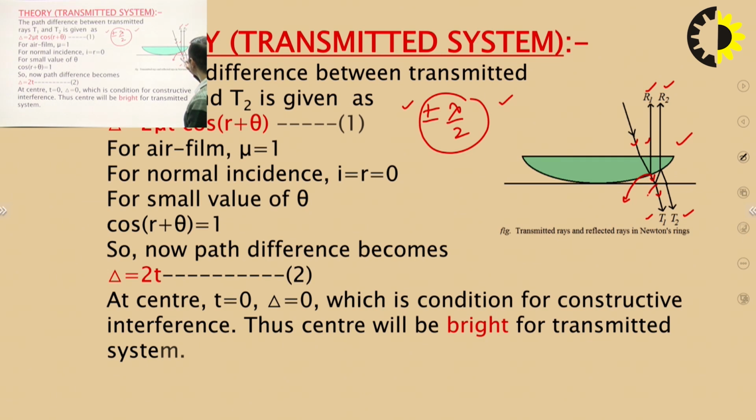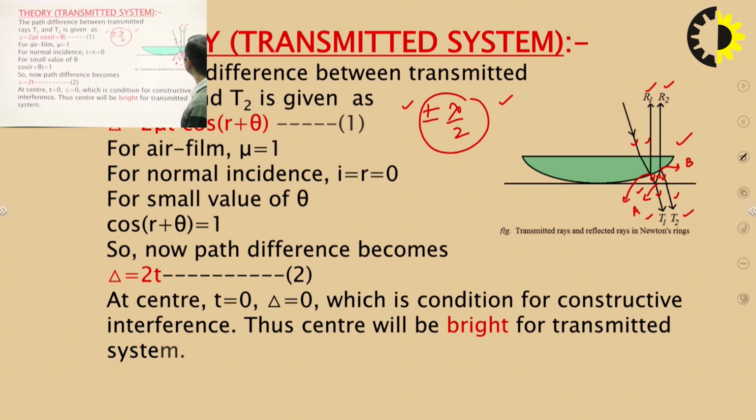Then at the lower point, suppose this is point A, it is reflected from point A, then it goes through this path, then it reflects from point B, and then it comes out as the transmitted ray T2. So before this transmitted ray T2 comes out, it is reflected two times from the denser medium.